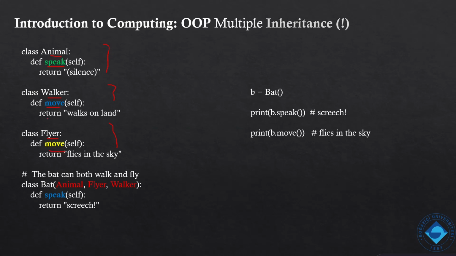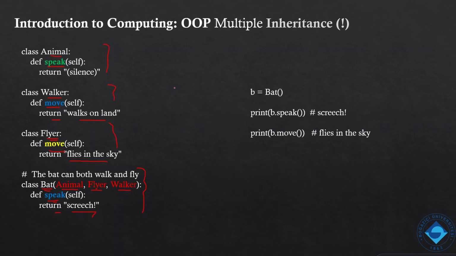Under the walker class, the function move returns walks on land. Under the flyer class, the function move returns flies in the sky, right? And here, my subclass bat inherits from animal, flyer, and walker classes, as you can see. Also, it has a speak function, and it returns this word here.